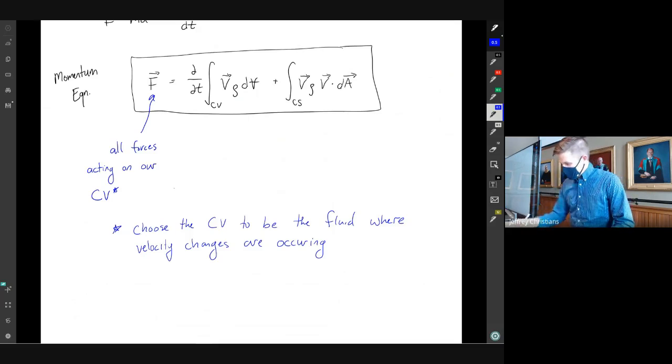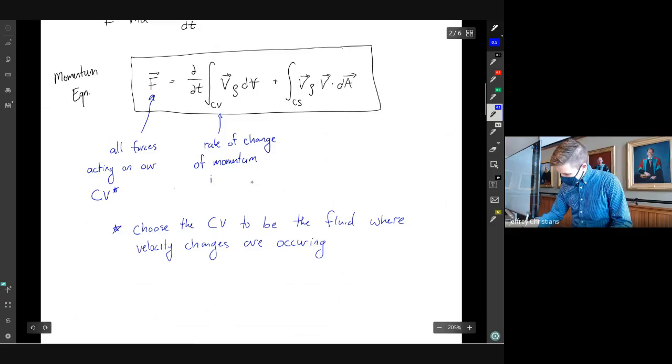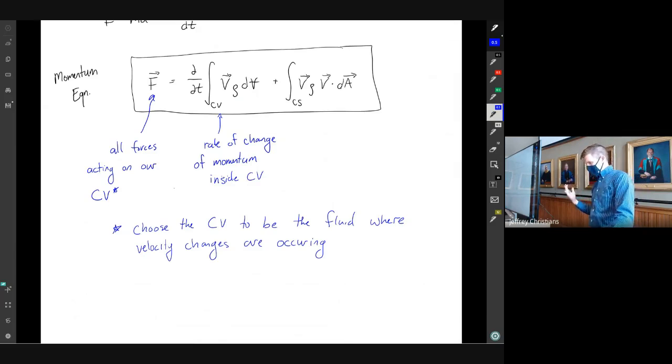Then this is the rate of change of momentum inside the control volume. So momentum is mass times velocity.